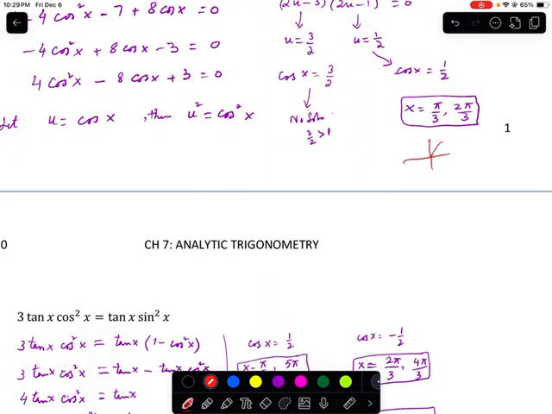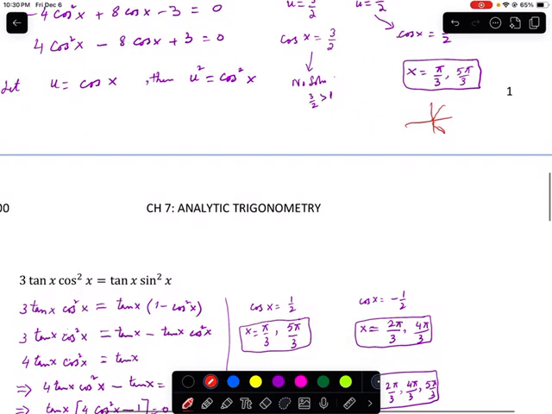Okay, so wait a minute, no, this is not correct. x is equal to pi over 3 and the other one will be in the fourth quadrant. That will be 5 pi over 3. So one angle is in the first quadrant and the other one will be in the fourth quadrant, because on this side cosine is positive.